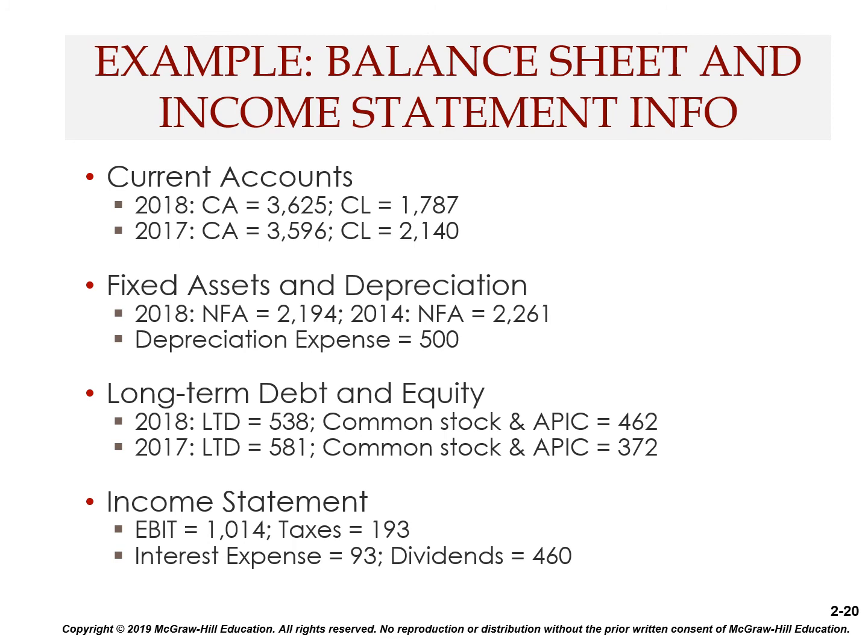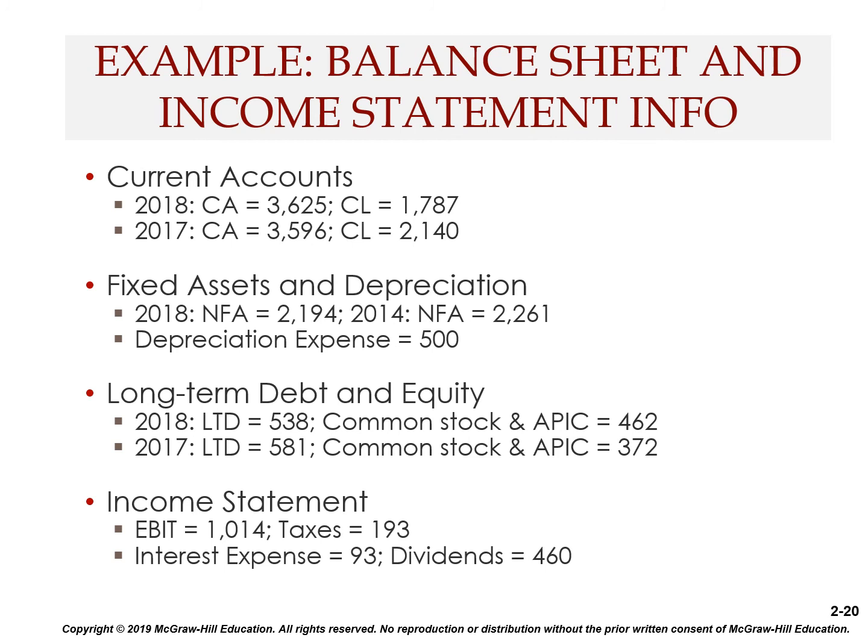It shouldn't have been subtracted to get to the earnings before interest and taxes. And subtract the tax amount, which is given as 193. So the cash flow from operating activities would be 1014 plus 500 minus 193, or 1321. So that's one component, operating cash flow, and that's positive.